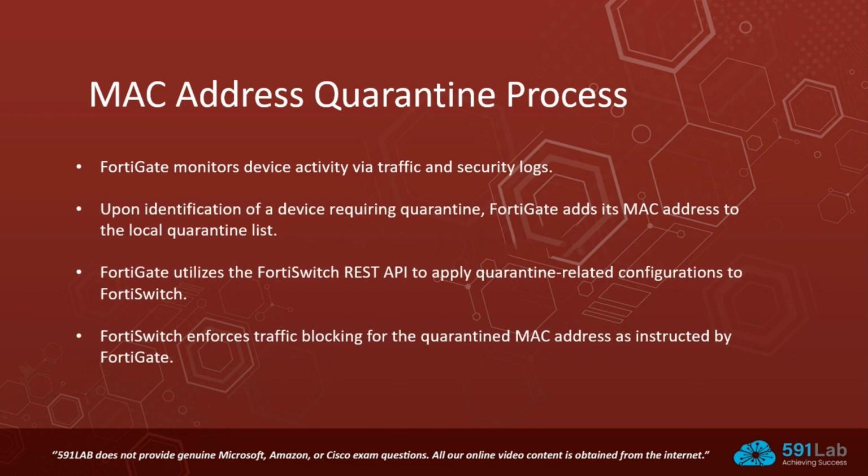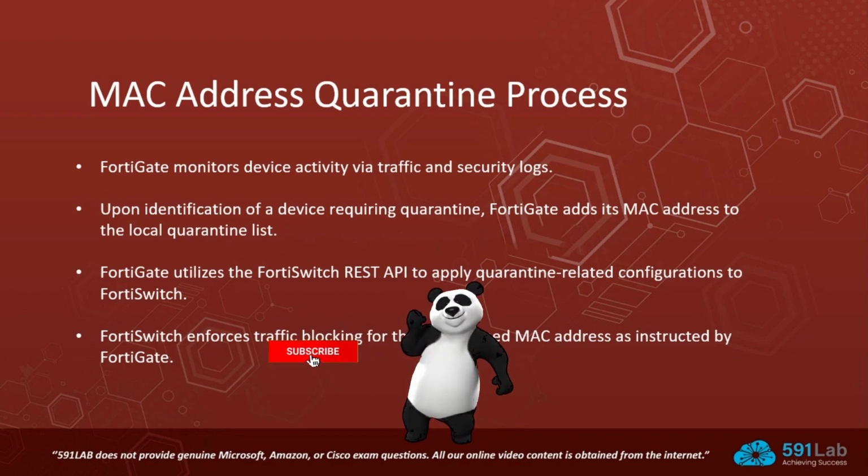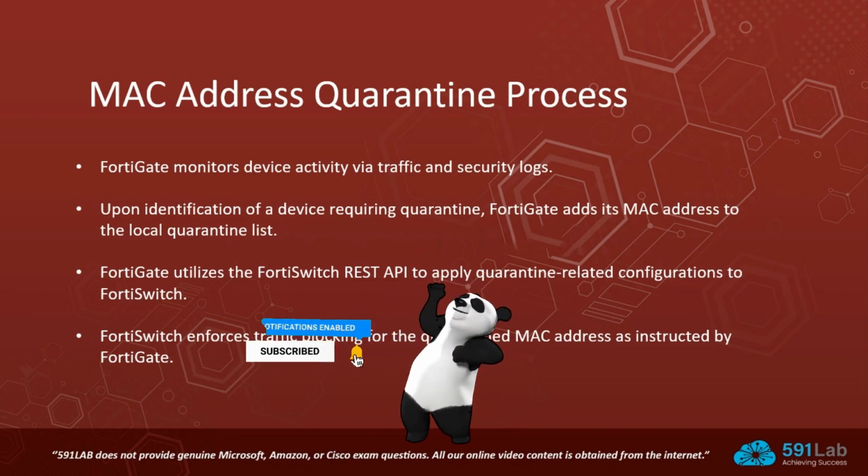For the FortiGate local traffic, the communication is permitted if FortiGate is configured to permit the connection. As an example, a quarantined device can ping a FortiGate interface if ping access is enabled on that interface.